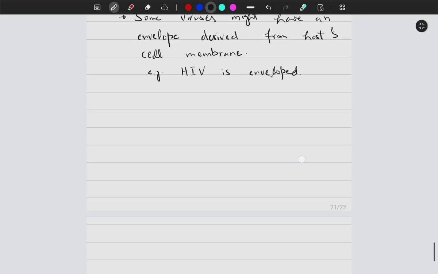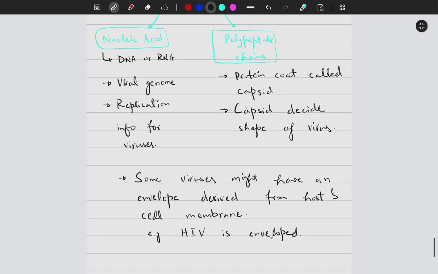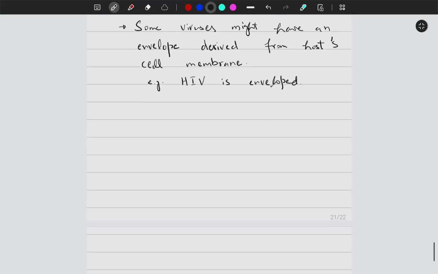Now, knowing all of that, viruses are not cellular. They are not made up of cells. They don't have biosynthetic machinery. They don't have ribosomes, mitochondria, nucleus, etc. But they do have DNA or RNA plus proteins.